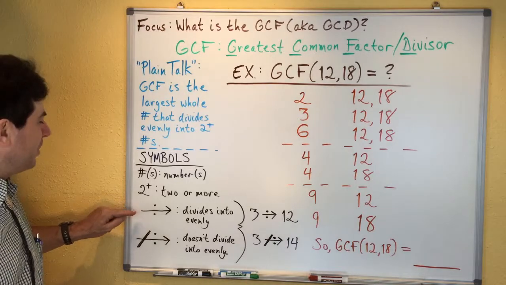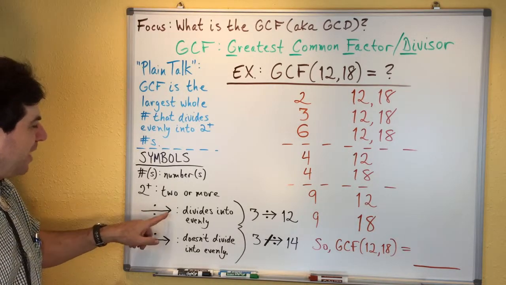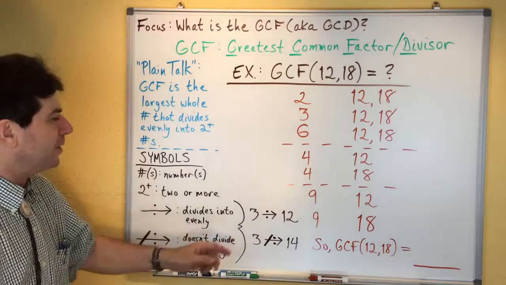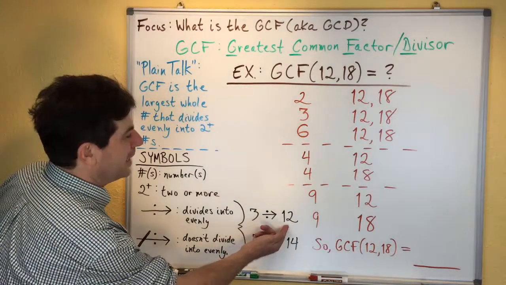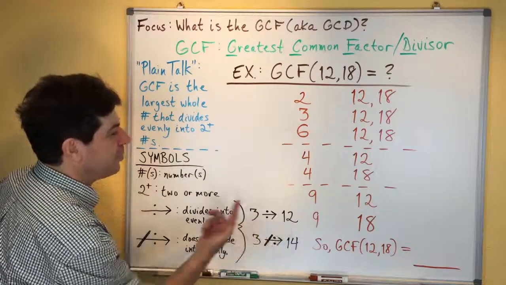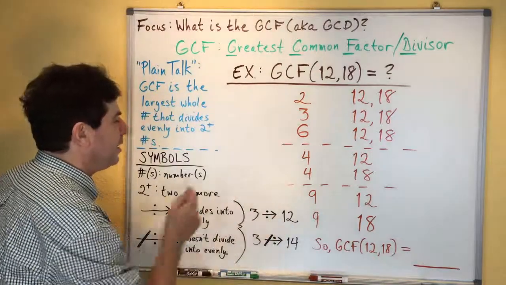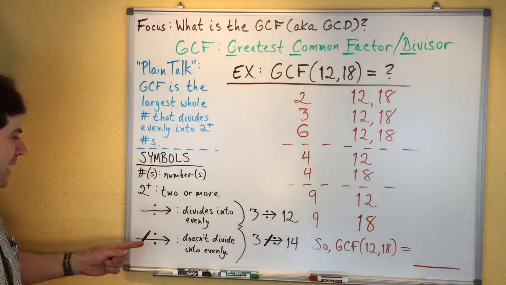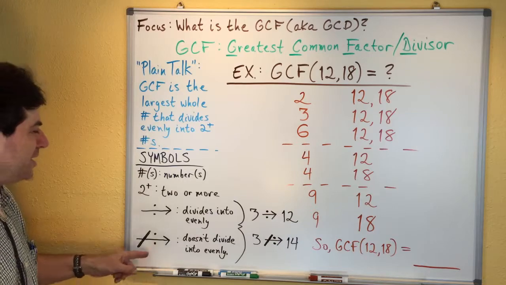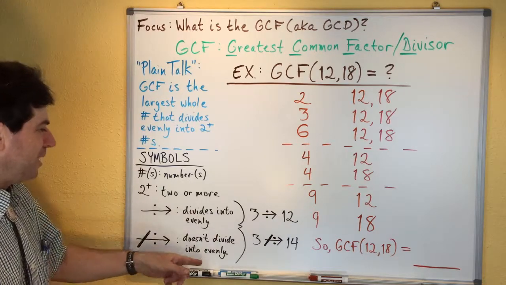And here's a fun little symbol. The division symbol with an arrow on the right side means divides into evenly. So for example, 3 with that symbol and a 12 on the right means that 3 does divide evenly into 12. 3 goes into 12 evenly. And similarly, that same symbol with a slash through it means that it does not divide into a number evenly.